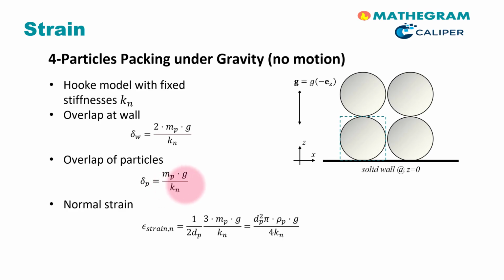Adding these two overlaps and considering the definition of the normal strain, we arrive at this expression. Again, we see how the strain is connected to the particle properties, and you see that for a fixed stiffness, the dimensionless strain is proportional to the particle diameter squared.